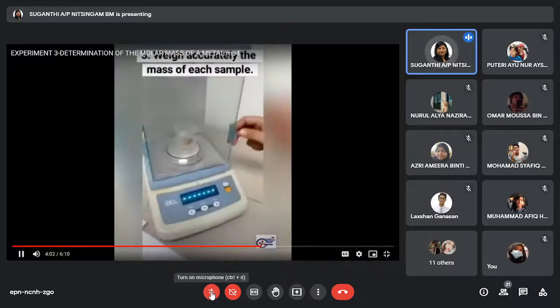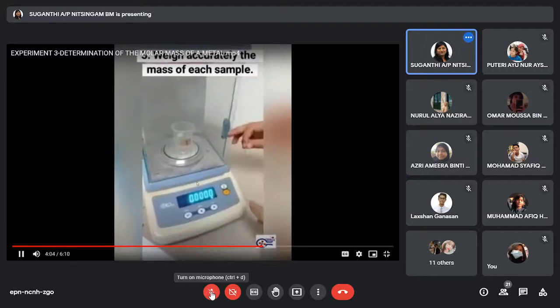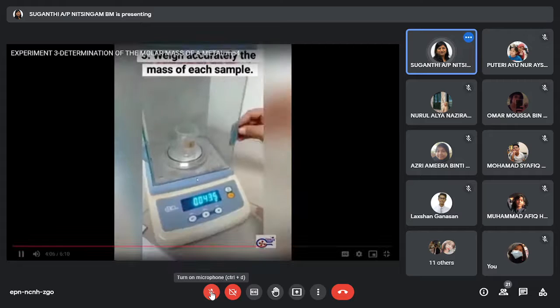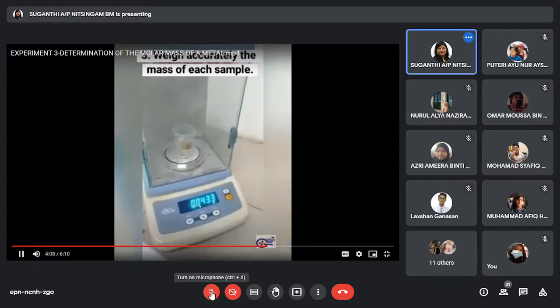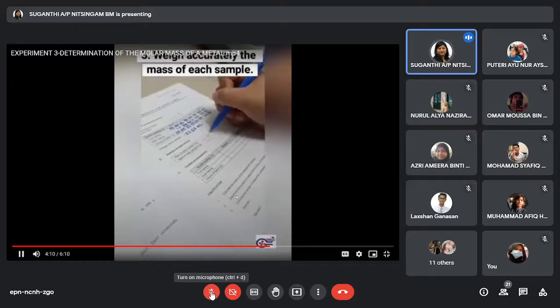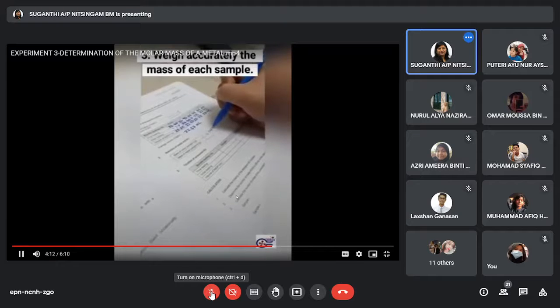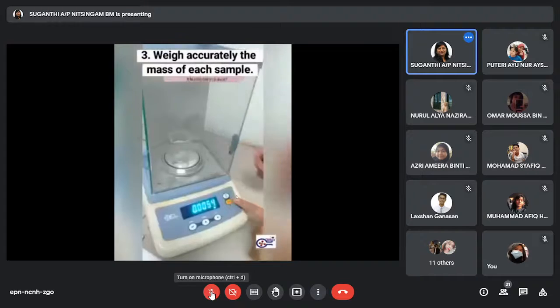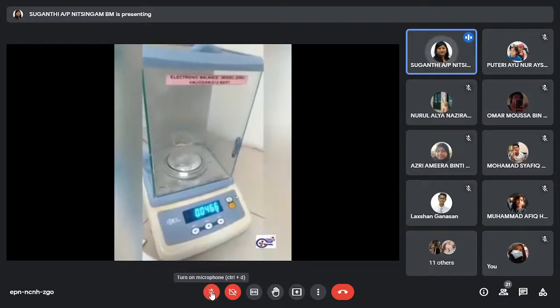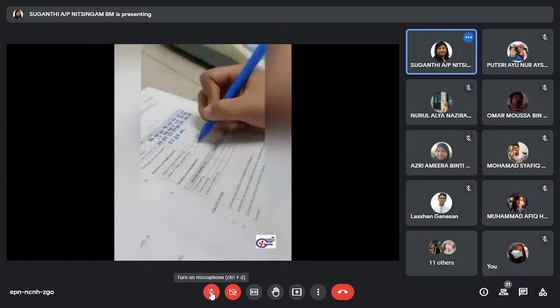Okay, see there, analytical balance. Asked earlier, it's automatic, right? Get the reading. We put it in the beaker, press tare and then put it in.